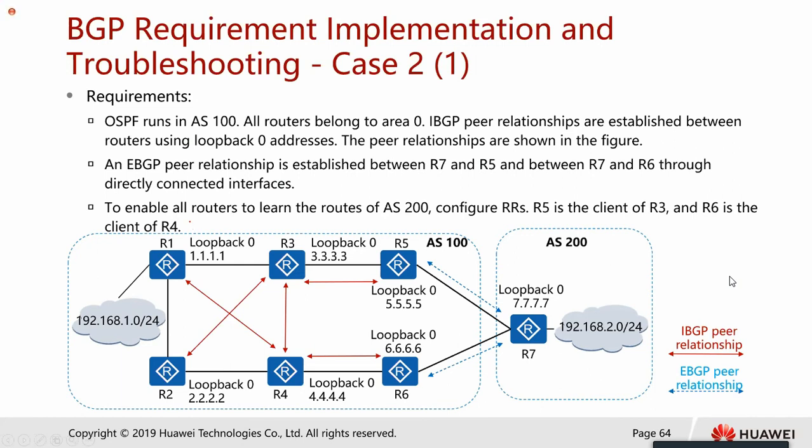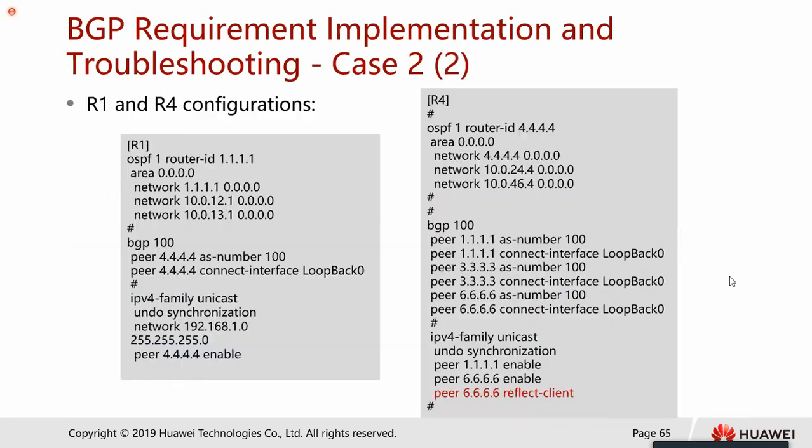R1 is a normal peer with R4, and R2 is a normal peer with R3, just normal peers. So that is what we're going to perform in case number 2. That is some of the configuration.